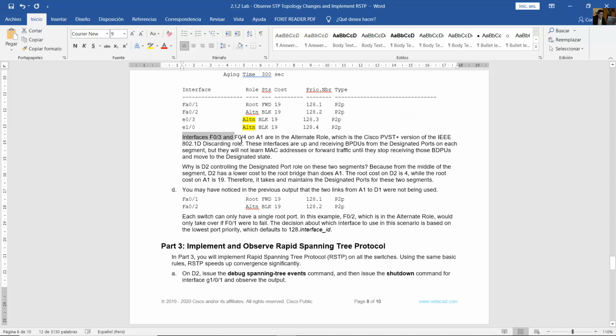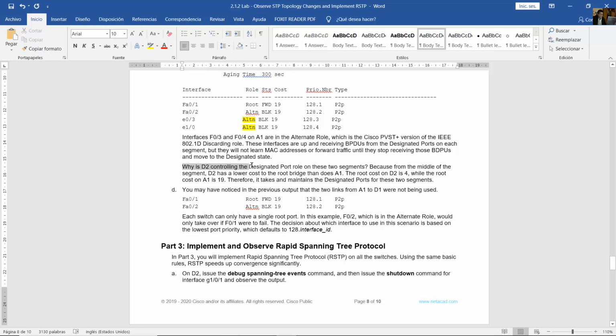Interfaces Ethernet 0/3 and Ethernet 1/0 on A1 are in the alternate role, which is the Cisco per-VLAN spanning tree plus version of the IEEE 802.1D discarding role. These interfaces are receiving BPDUs from the designated ports on each segment, but they will not learn MAC addresses or forward traffic until they stop receiving those BPDUs and move to the designated state.